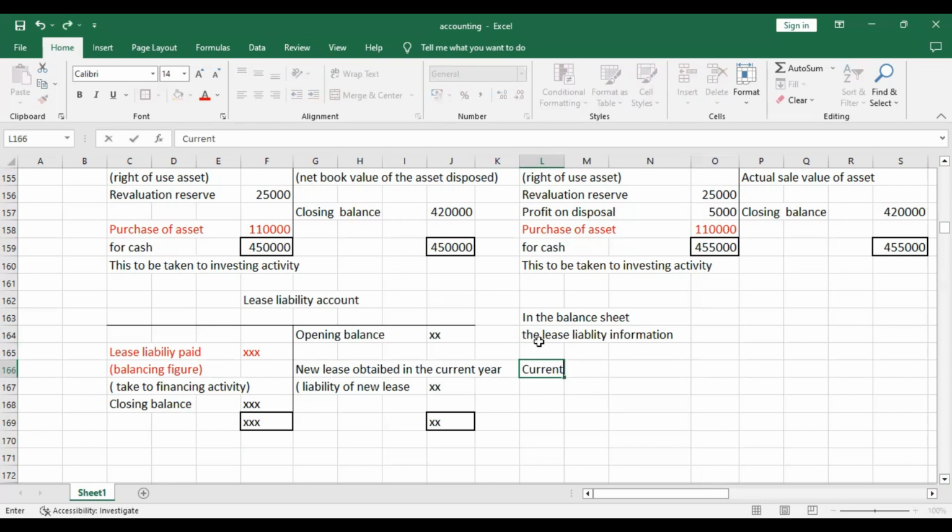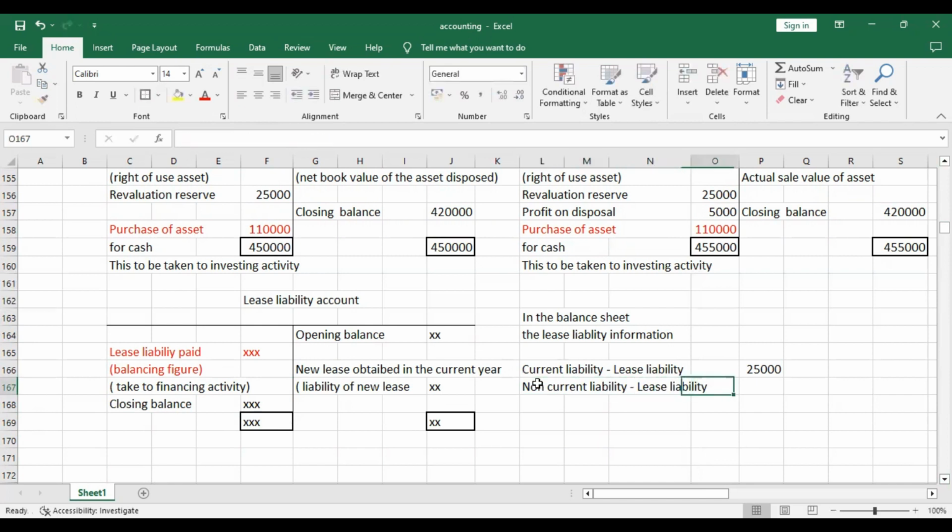In the balance sheet, the lease liability information is given like this. Current liability, lease liability, 55,000. Then non-current liability, lease liability, suppose 40,000.